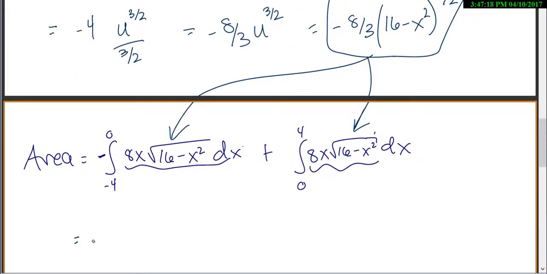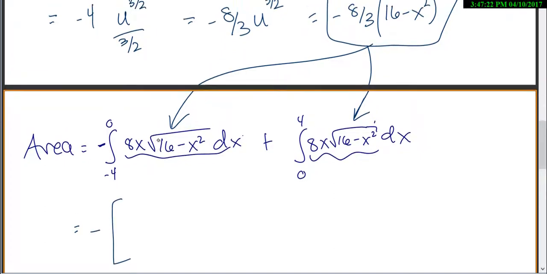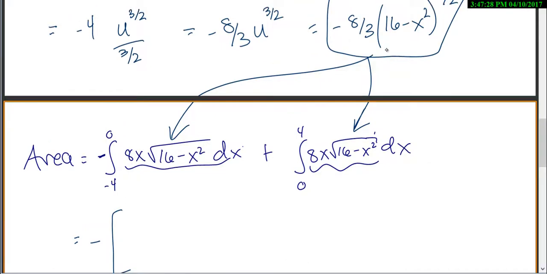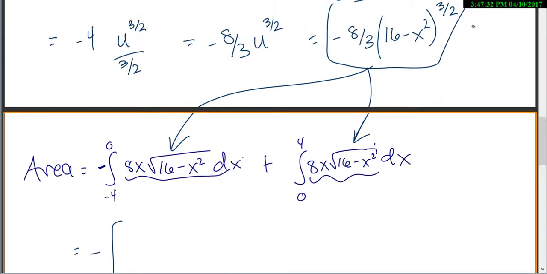So what we're going to have here is a negative, and let's go ahead and plug in our limits for this first one. Our limits are from negative 4 to 0, so you always plug in the top first. So it's this negative 8/3, 16 minus x squared to the power of 3/2. So negative 8/3, 16 minus, plugging in your top limit 0 first, squared to the power of 3/2. Minus, now you plug in your negative 4.